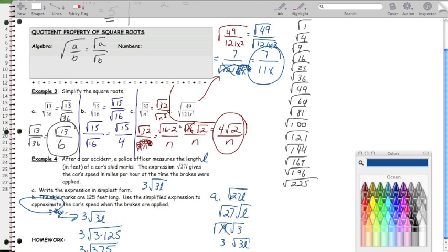Approximate the car's speed when the brakes are applied. Okay, so they want me to use a calculator to find the square root of 375, and that is 19.36. But then I'm going to multiply that answer times 3. And I get that this person was going 58 miles per hour.